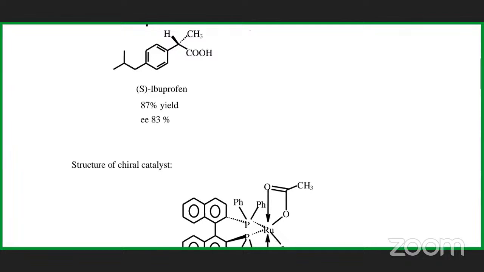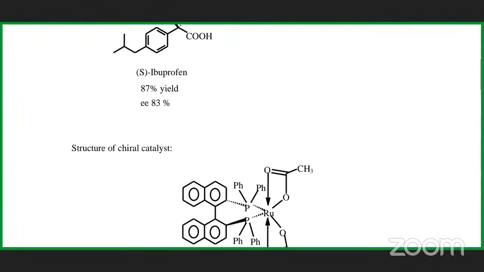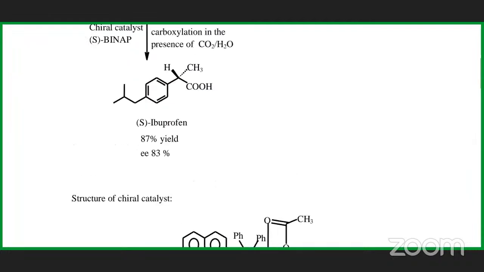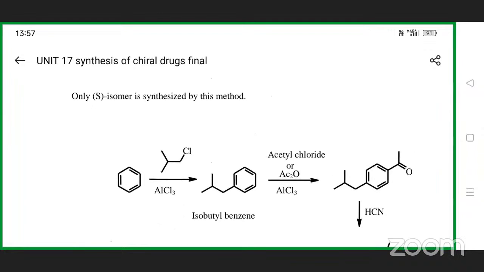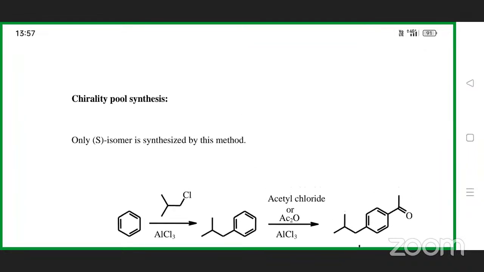Chiral reagent means a chiral catalyst, as in asymmetric synthesis, you are aware of that. Like BINOL, BINAP. Like that, the synthesis is done.